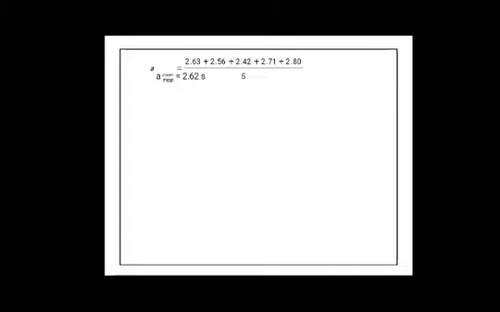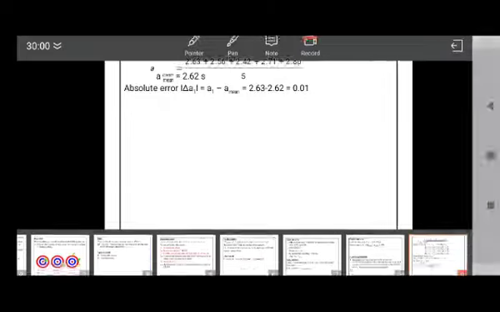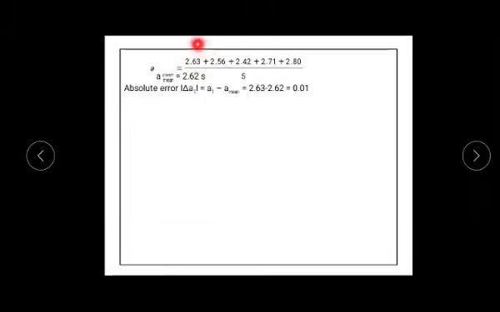Now you have to calculate absolute error. To calculate absolute error, what you have to do? A1 minus A mean you have to take. What is the first value? 2.63. Mean value is 2.62. Subtract it, you will get 0.01. Okay.